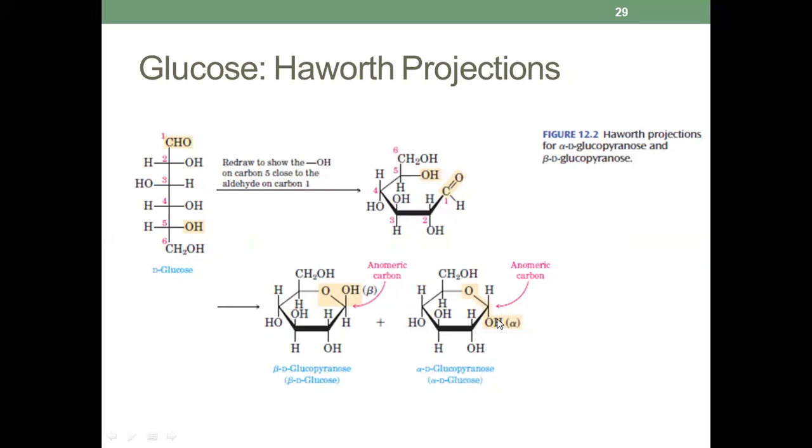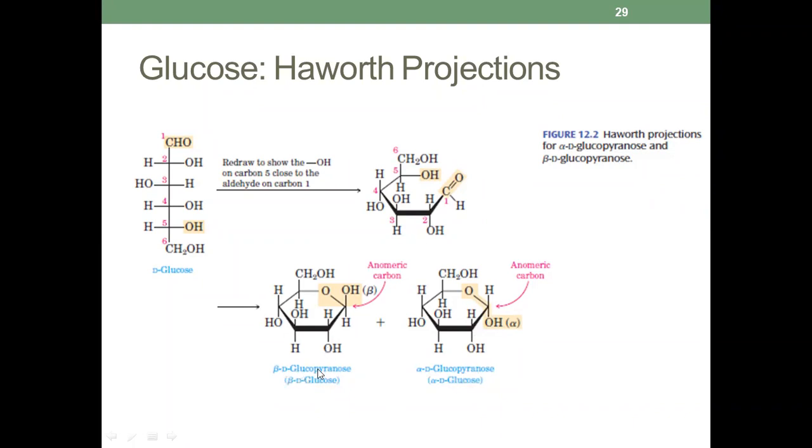And since we have the OH in the same position as the OH on the second carbon, you have an alpha-D-glucopyranose.